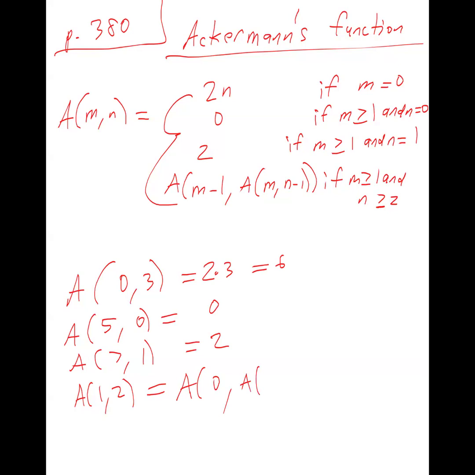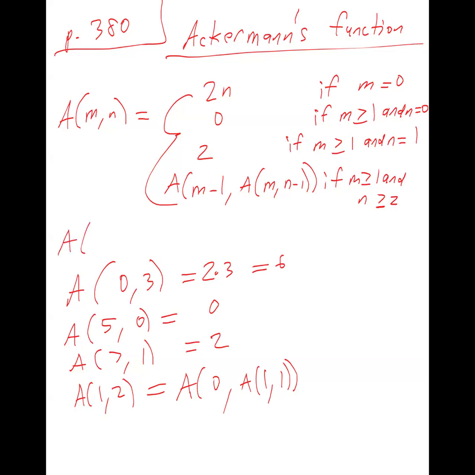What's the original value of m that I'm plugging in? 1. Correct. And then n minus 1. What's the value of n by itself? 2. So what's 2 minus 1? 1. So it equals A of 1, 1. Boom, like that. So A of 1, 2 equals A of 0, comma, A of 1, 1. Do we know what A of 1, 1 is, though? No, we don't. So we have to go figure that out first.